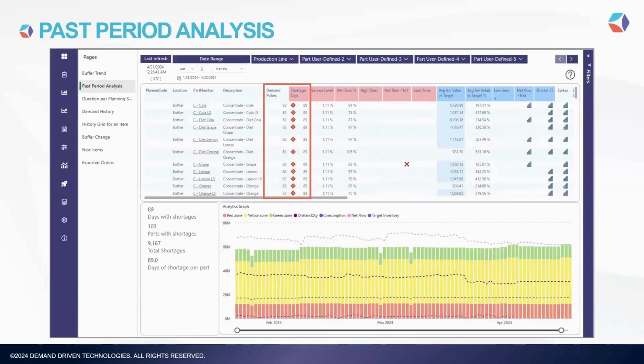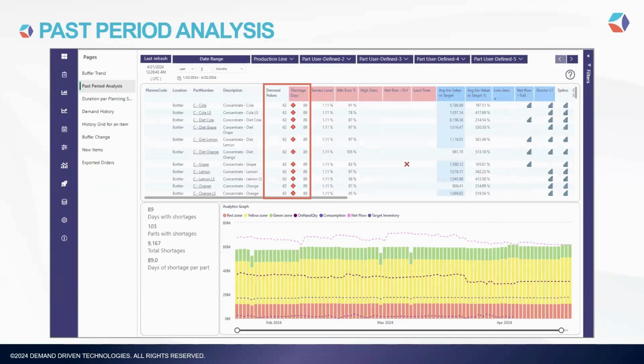Looking at your past period analysis, this will show you your shortages. You can come in here to see which items you really need to focus on, which items have a very low service rate and actually have demand. So right here, shortage days. All these items had 89 days of shortage.